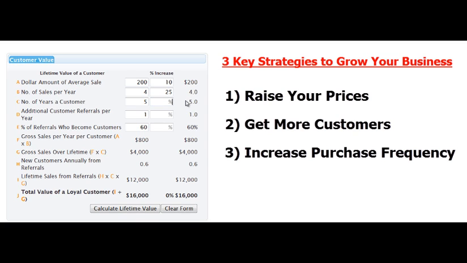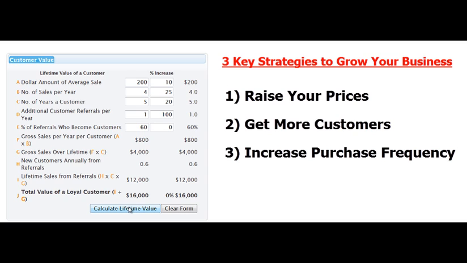And let's say we've got customer retention strategies, which we do, that will allow your customers to stay with you much longer. So instead of only 5 years, let's say that we can bump that up by 20%. And let's say that we put a very strategic referral system in place and that we can bump up your referrals by 100%. And let's say that we keep your closing ratio the same.